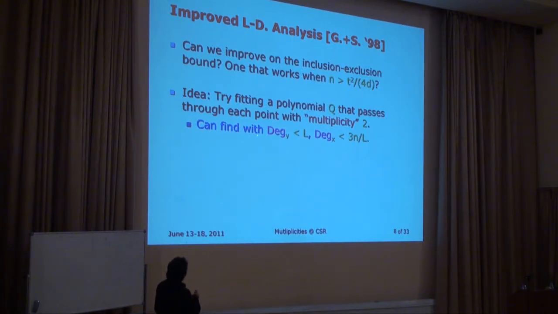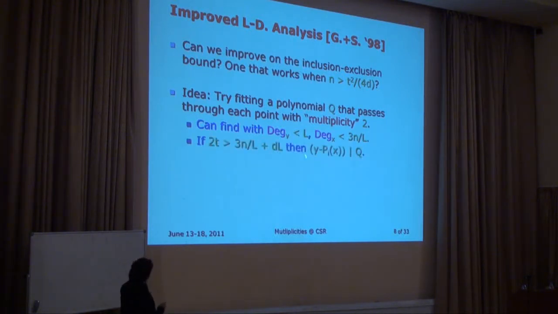If you do the same counting and ask how large the degree of this polynomial should be, in y we want the degree to be less than L, because that's the contradiction we are seeking. And so the x degree we will need to allow up to 3n over L. Now you have enough coefficients to handle 3n constraints, which is what you have.